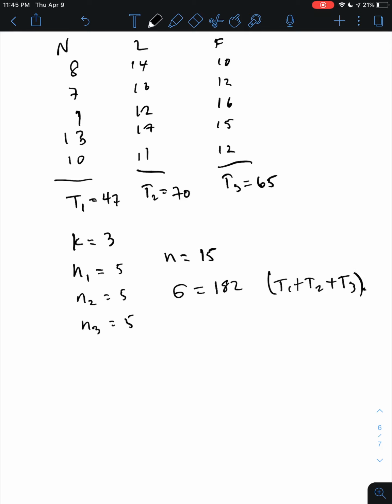Once I've got all these numbers, I can figure out easily what SS total is. I will do this sort of thing for you, so you don't have to do it. I'm just going to grab it from the textbook. So total SS is 129.7333.